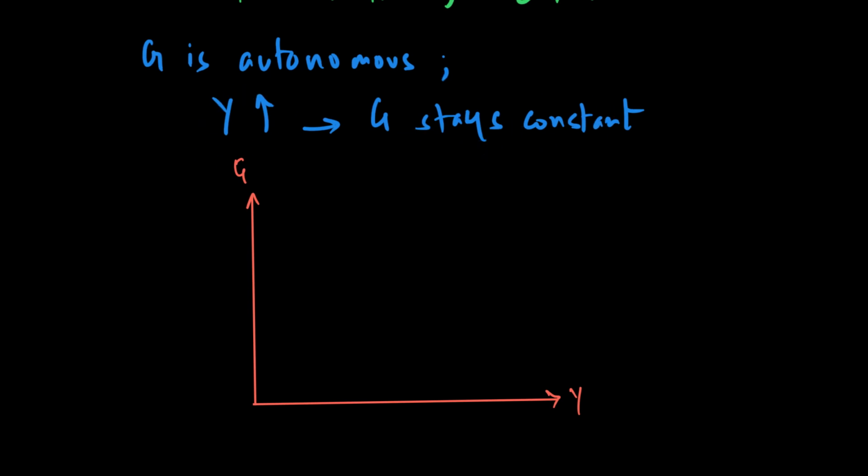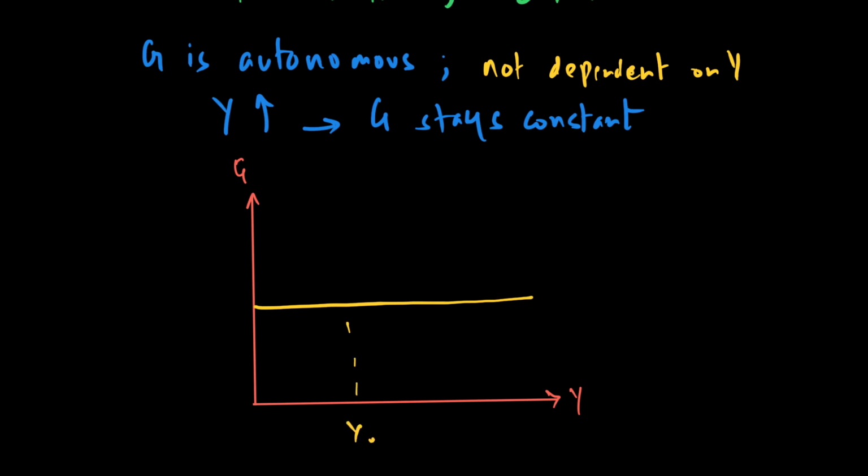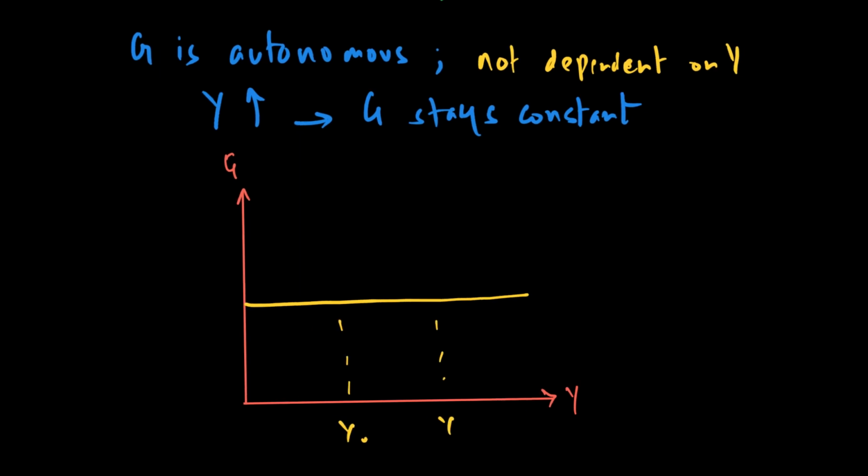So in a Keynesian model, we treat government expenditure as not dependent on Y. So even though your GDP may go up from, let's say, Y naught to Y1, the government expenditure G may not change. So we assume the government expenditure is autonomous and not a function of Y.